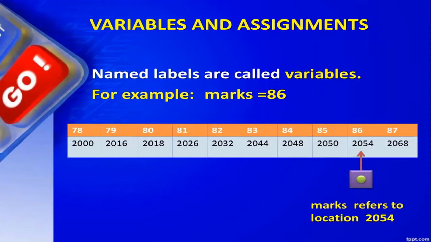So tomorrow, if I say b equals 86, b will also point to the location 2054. And if after a few years you say age equals 86, again age will point to the same memory location where the number 86 is stored.